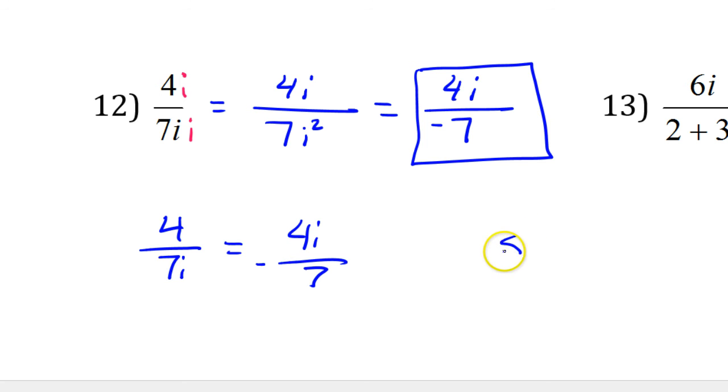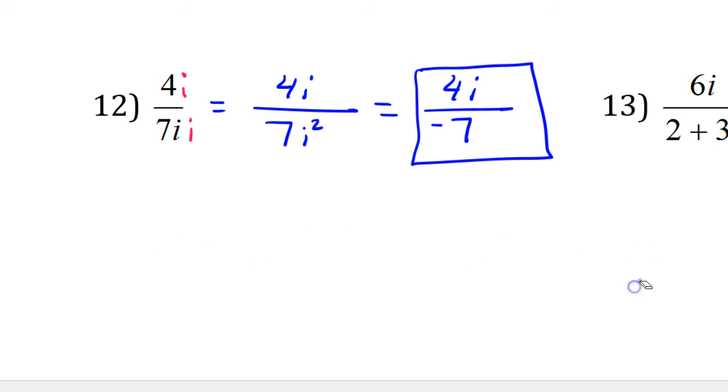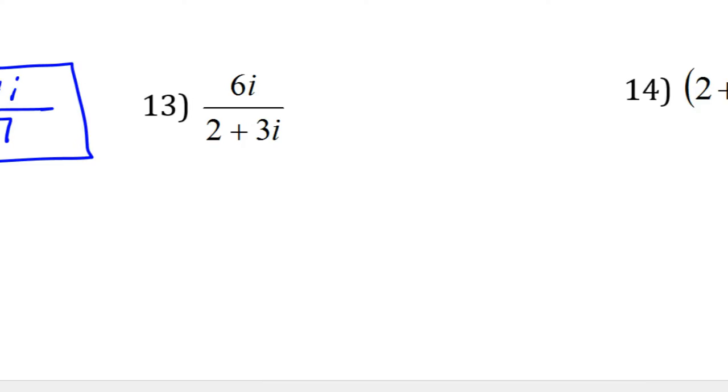So if I had 5 over -12i, with the i in the denominator, this would just be 5i over 12 with the i in the numerator. You could just move the i and change the sign. Okay, so that's a shortcut. All right, anyway, back to business.